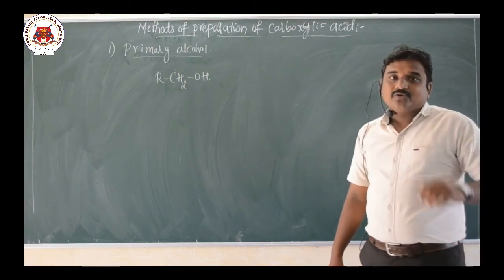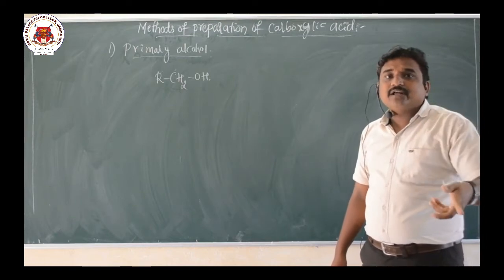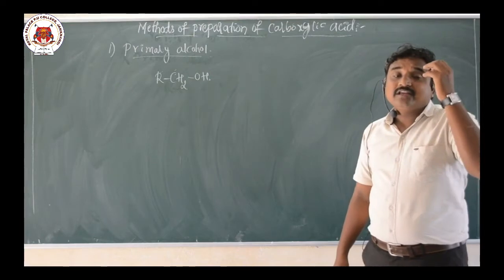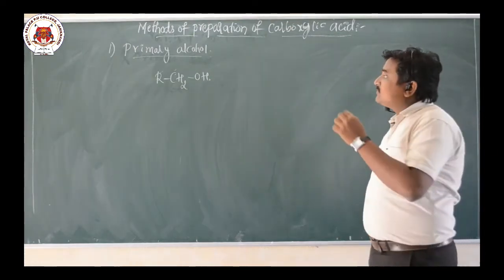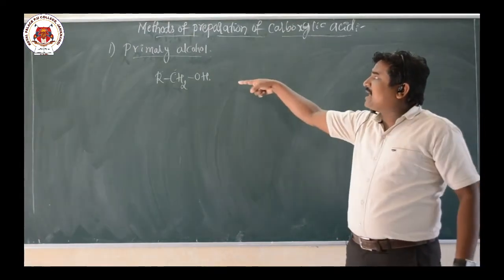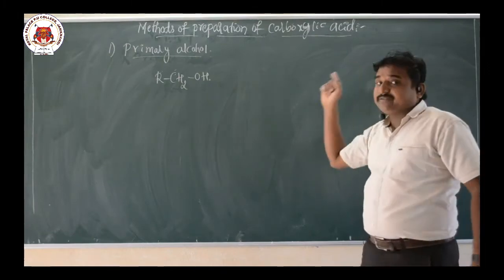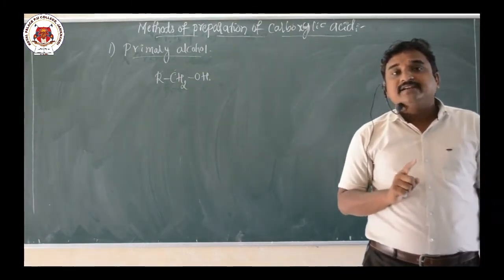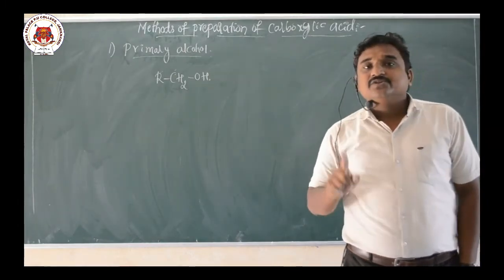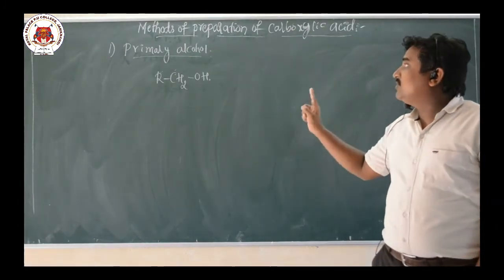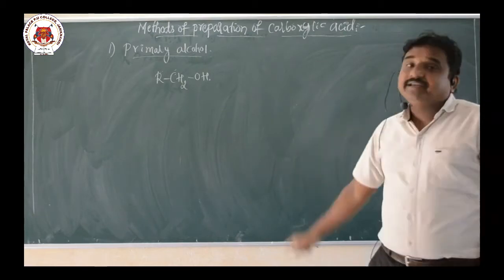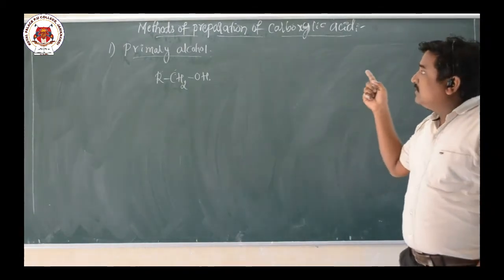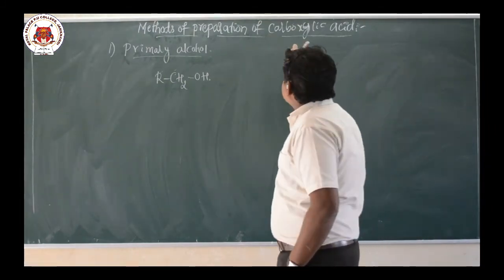Alkaline, neutral or acidified KMnO4 or K2Cr2O7 oxidize primary alcohol to carboxylic acid, whereas chromium trioxide in acidic condition only also converts primary alcohol to a carboxylic acid.